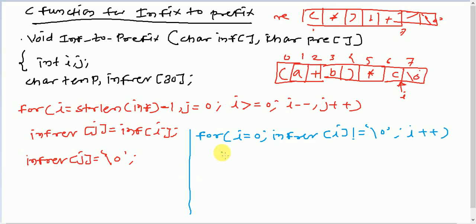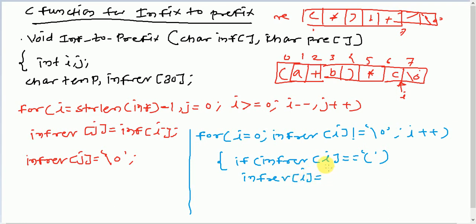And then what we'll do here: if infix reverse of i is equal to opening bracket, then we are supposed to put at the i position a closing bracket.